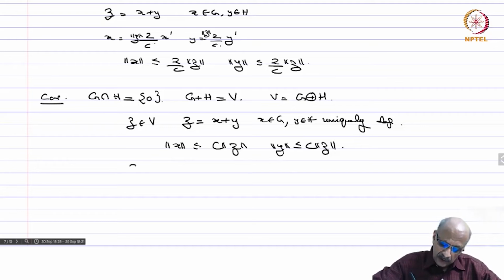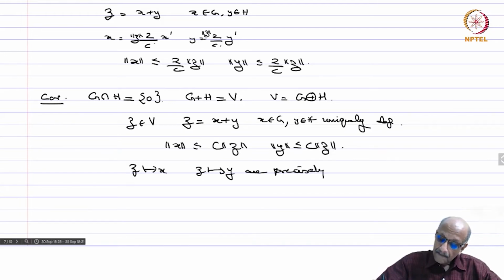So Z going to x and Z going to y are precisely the projections of V onto G and H respectively.